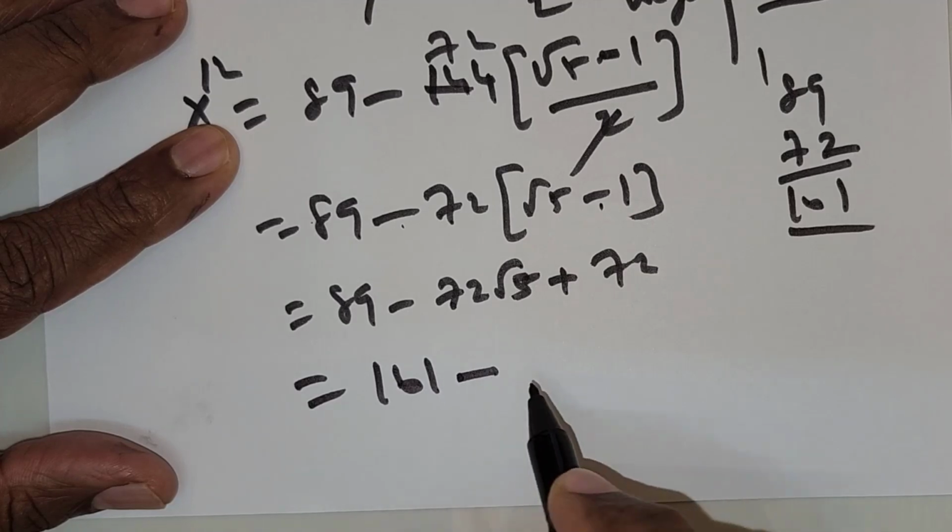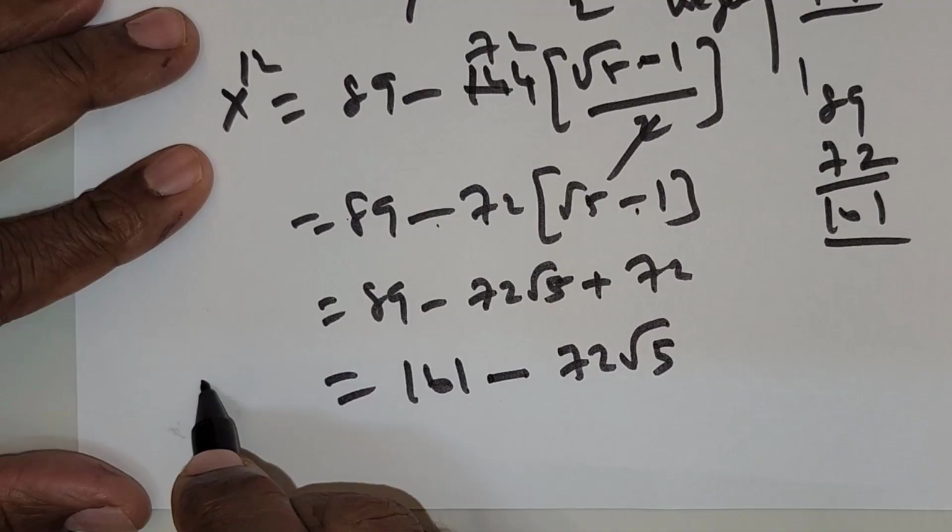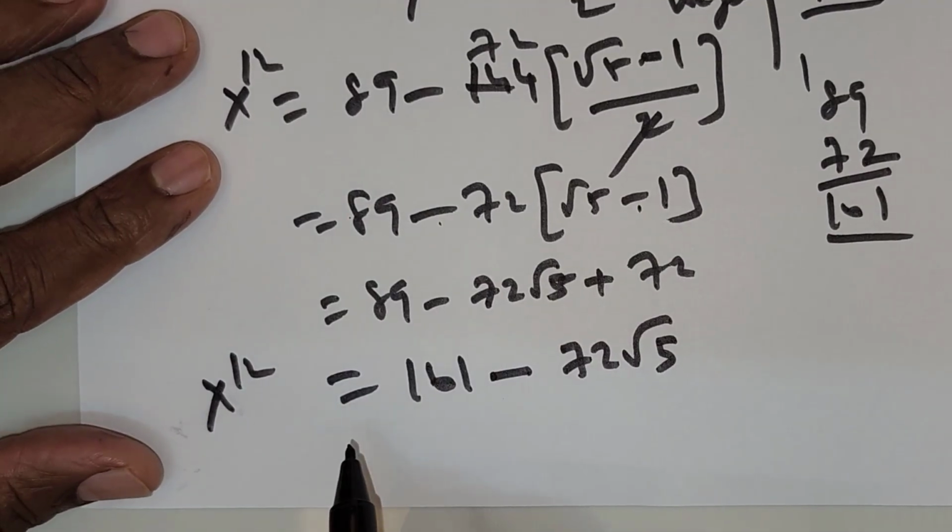So 161 minus 72 times root 5 is the value of x to the power of 12.